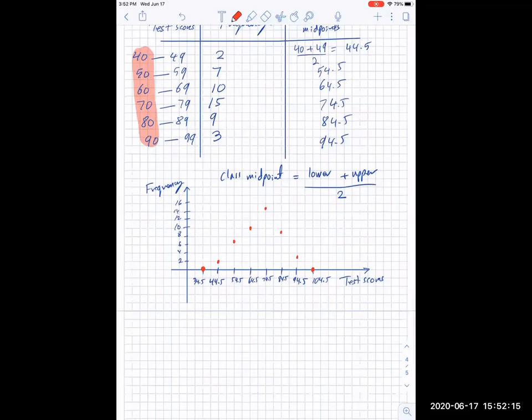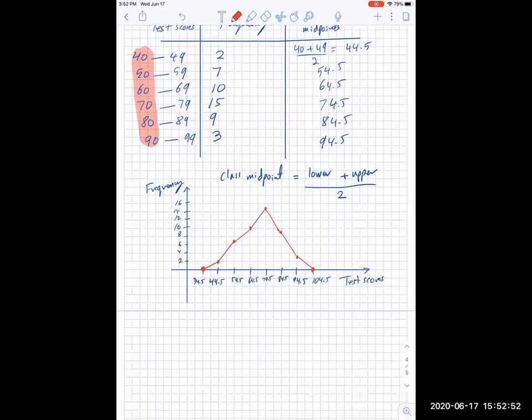And then I'm going to draw line segments. I'm going to connect the frequencies above the midpoints with straight line segments.